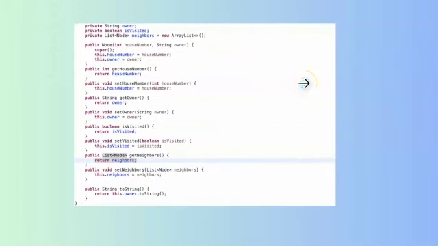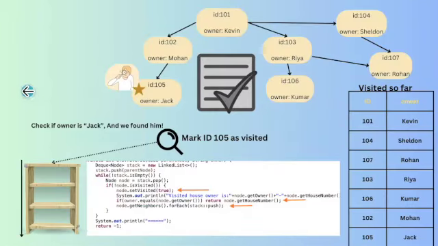And here you can see how the node class is defined. This is using Java, and it has the properties of house number, owner, isVisited, and the neighbors. Also, previously I missed mentioning that you can see all the visited nodes here, from 101 till 105.